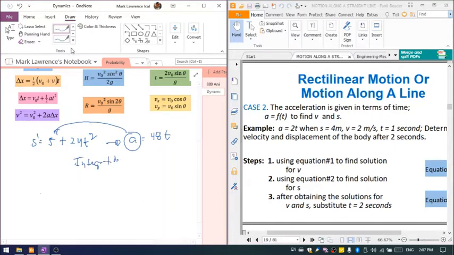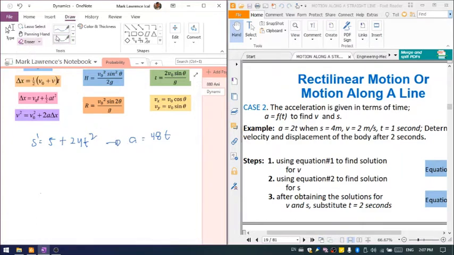But the problem with integration is, every time that we do integration, we get a new variable, which is c. If we integrate this one, we will get plus c. If you remember integration, okay.